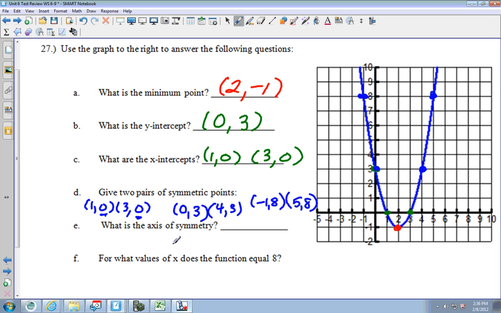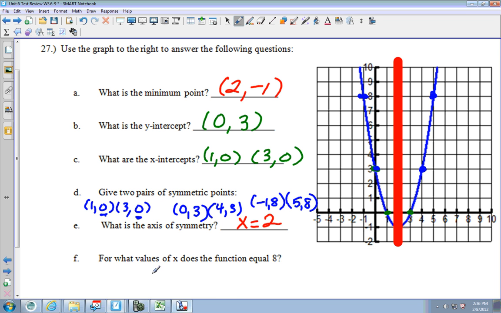Now my axis of symmetry is x equals whatever the x number is of the vertex. There's the vertex right here. See the line where the parabola is folded in half is right here. That is x equals 2.